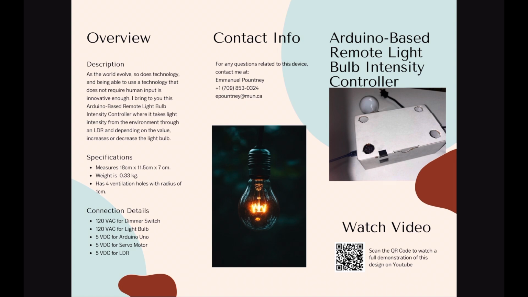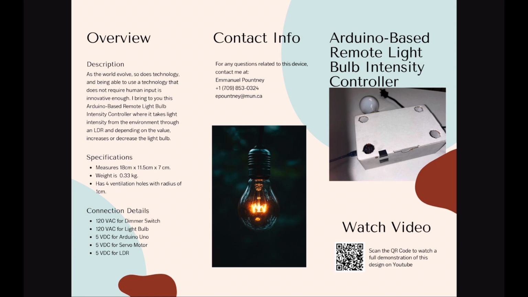Now, I've already showcased the device to you. I've already described what it does, the functionality, and I will still read it for you. As the world evolves, so does technology, and being able to use a technology that does not require human input is innovative enough.